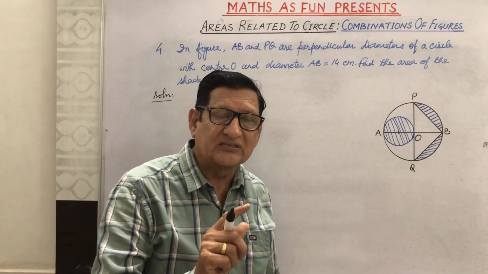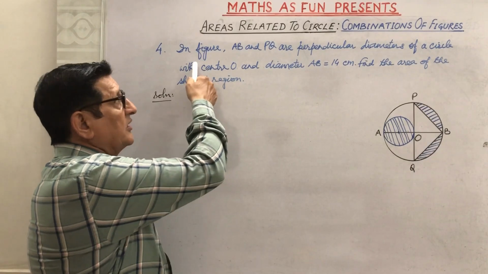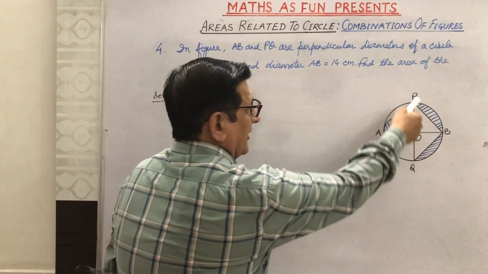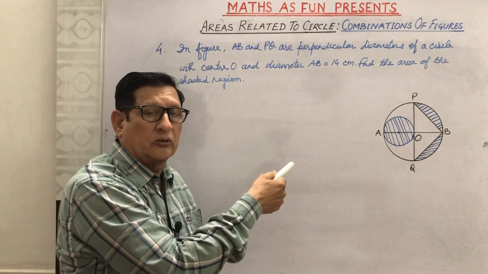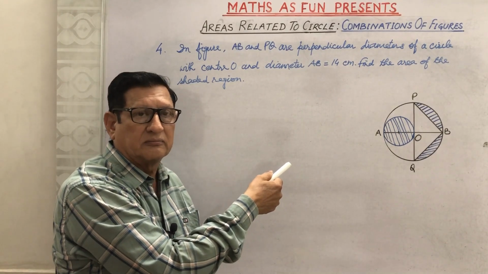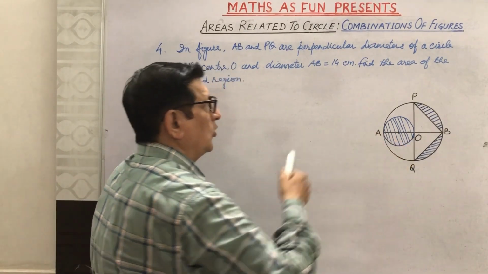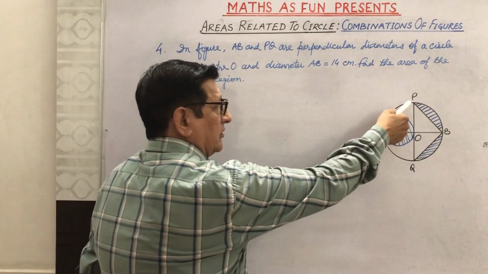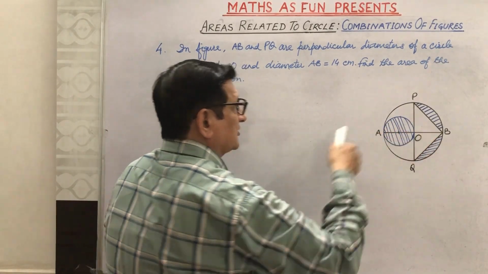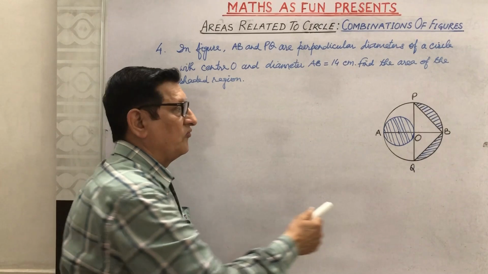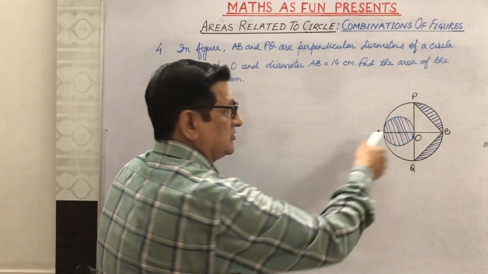One more problem we discuss here: in the figure, AB and PQ are two perpendicular diameters of a circle with center O and the diameter AB is 14 centimeters. We have to find the area of the shaded region.